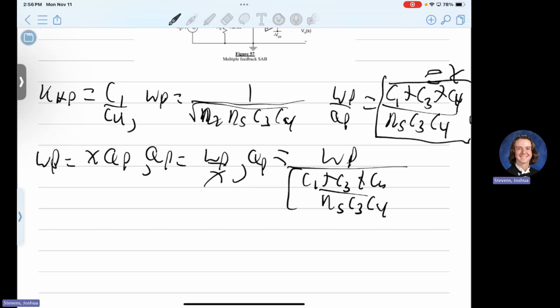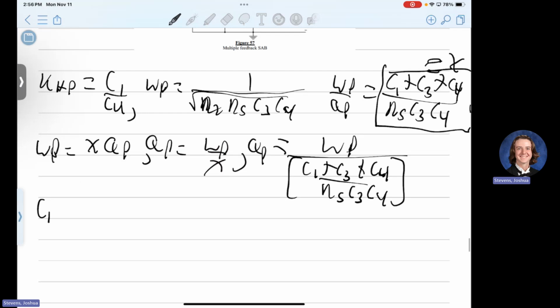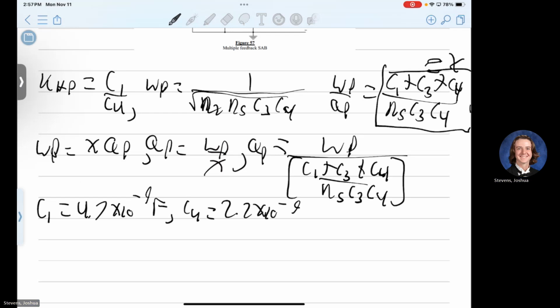QP equals that. Does that make sense? Okay, so with the values for C1 equaling 4.7 times 10 to the negative 9th farads, and C4 being 2.2 times 10 to the negative 9th, KHP simply equals 2.136.